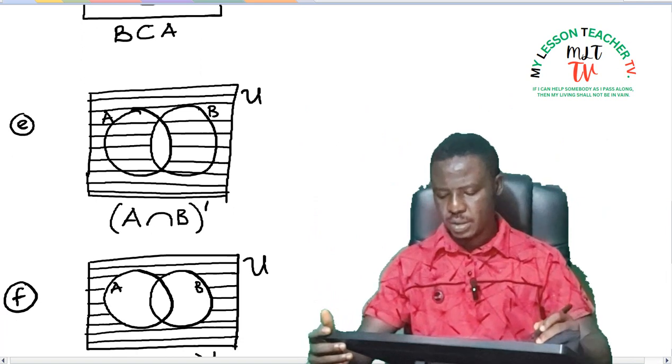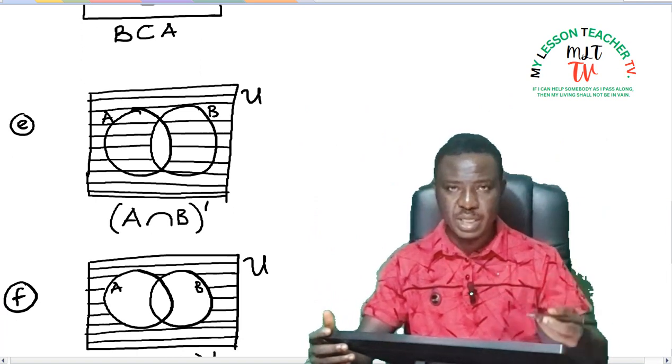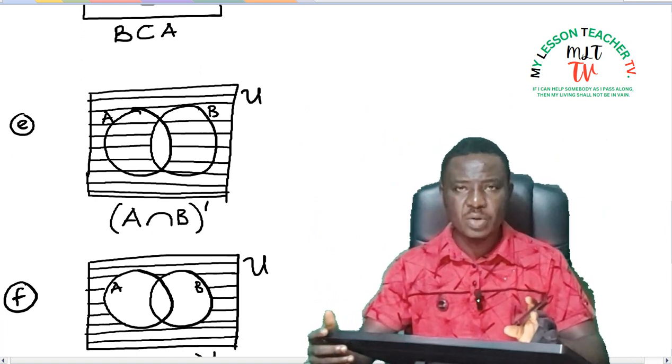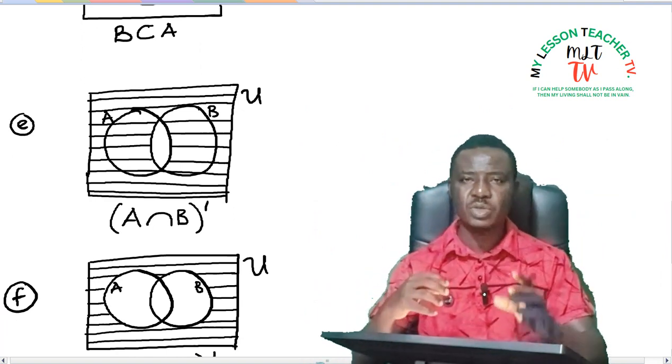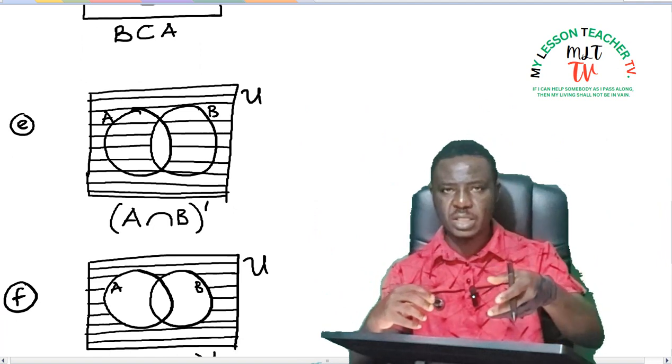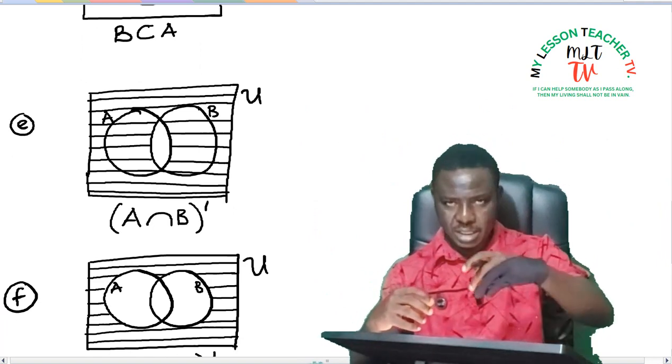E is A intersection B complement. Remember what I said concerning complement? That the complement of a set is those elements you can find in the universal set but not found in the set.